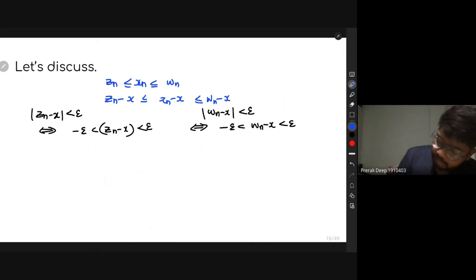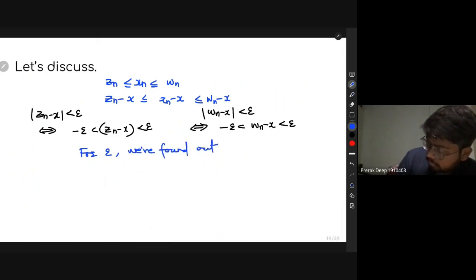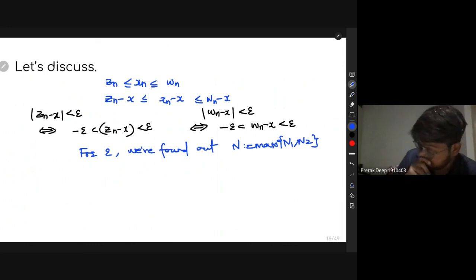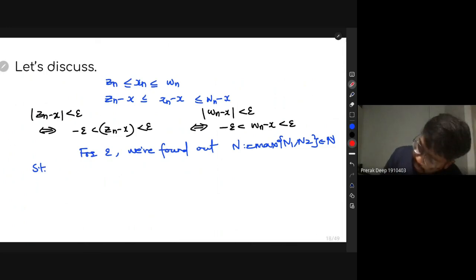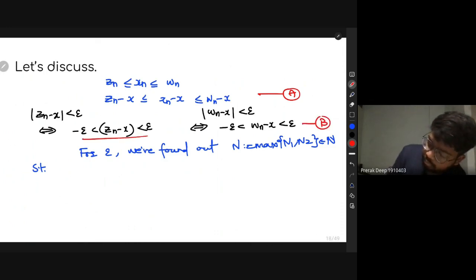So for epsilon, we have found n, which is nothing but the maximum of n1 and n2, belonging to natural numbers, such that now we use this inequality and these two equations.